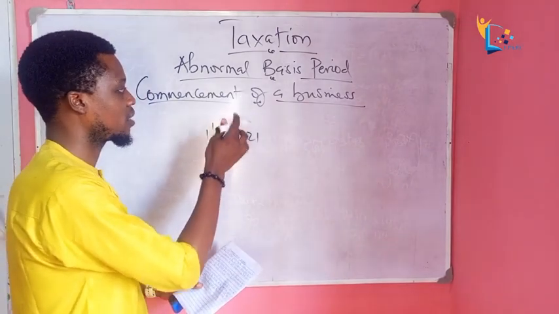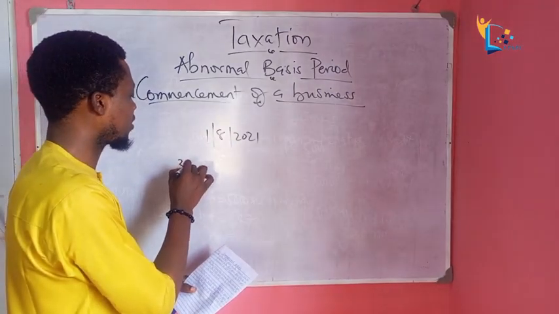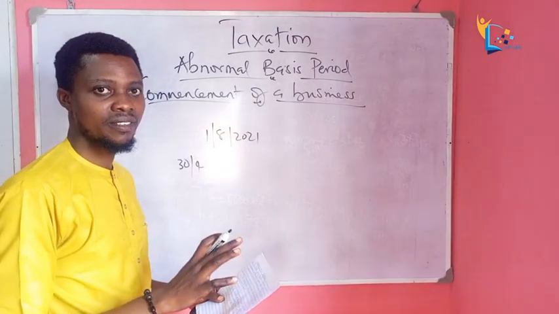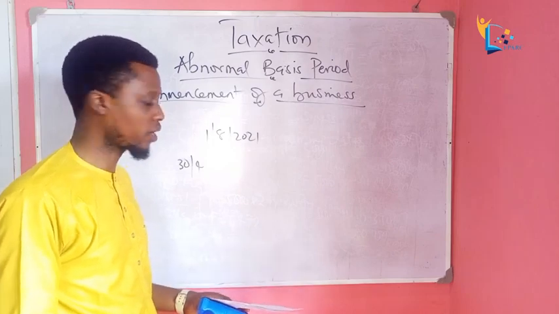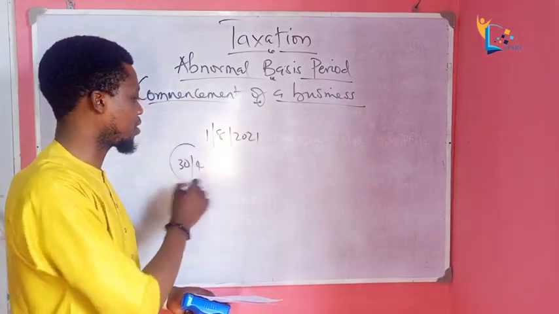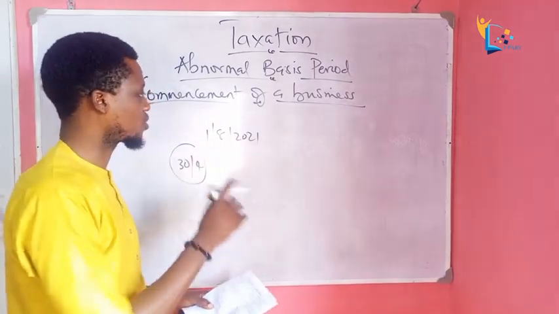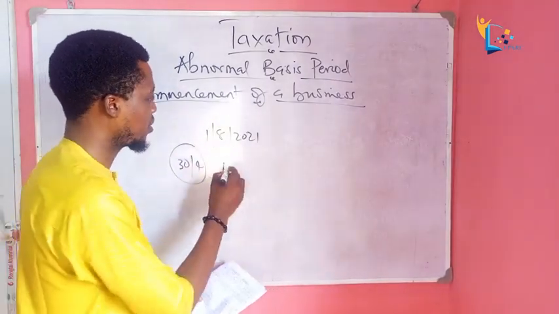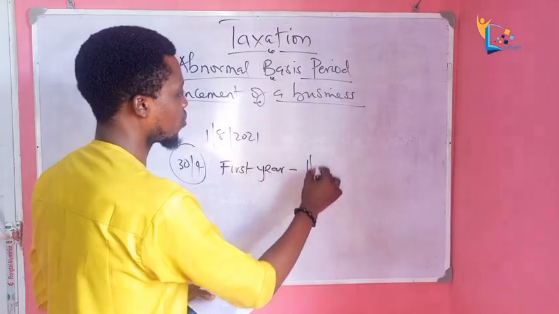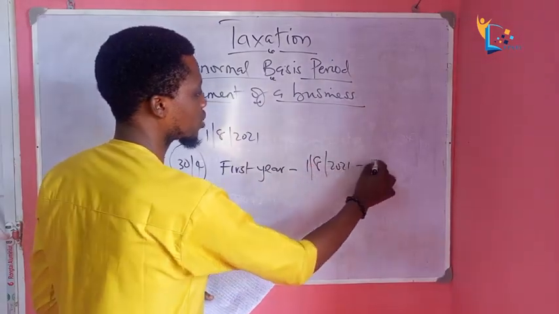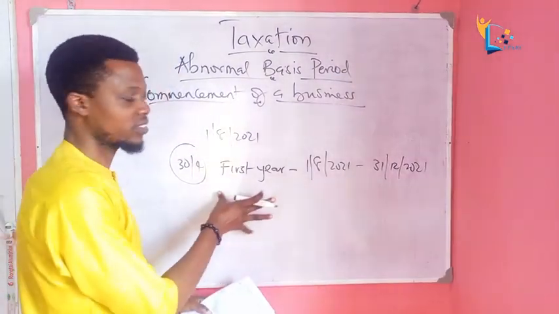If this company, ABC Limited, for instance, makes up accounts every 30th April, that is their accounting year, 12 months, and they started business on 1st of August 2021, then the first year will be 1st of August 2021 to 31st December 2021. That's what this rule is saying.